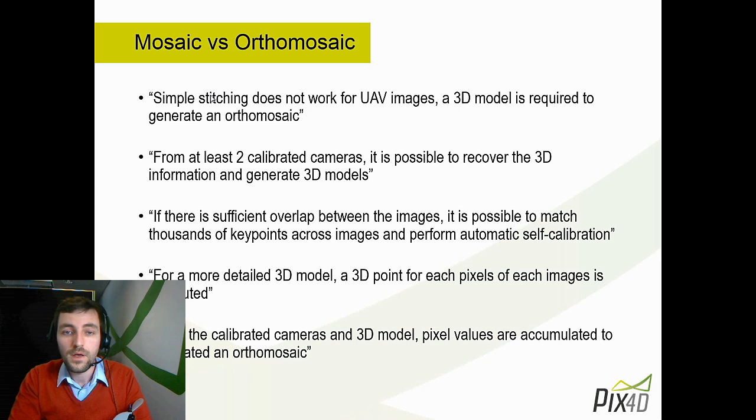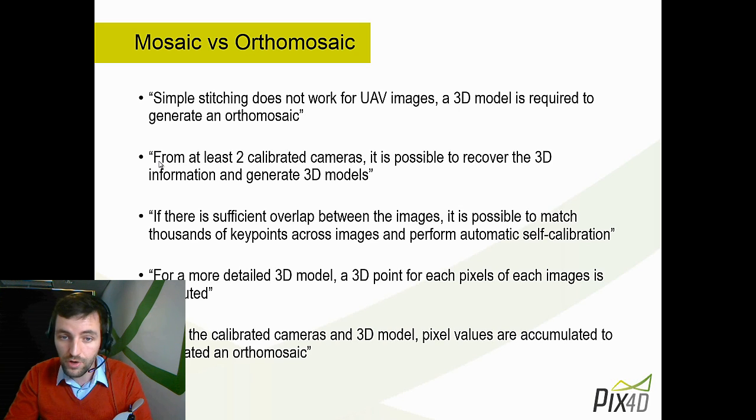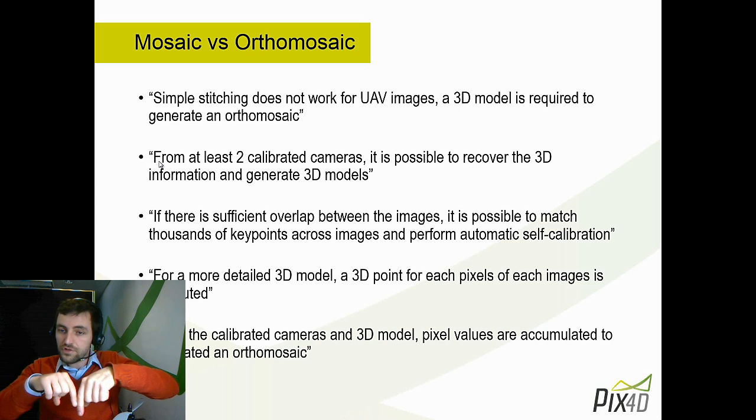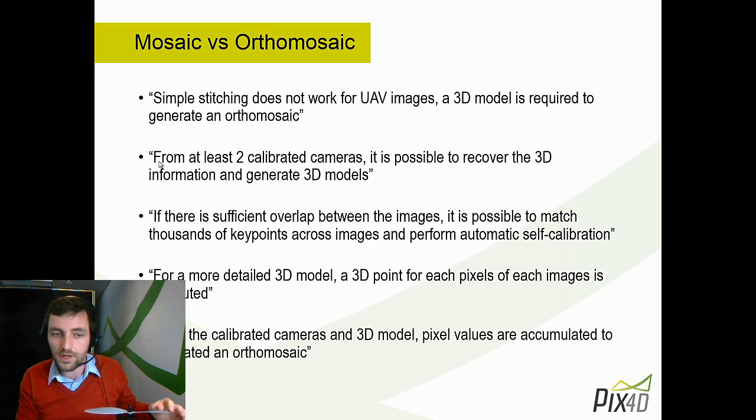Good. But then how do you get this 3D model? And that's what the second sentence there says. If you have two calibrated cameras, you can recover 3D information and generate 3D models. Okay? So if you take images and you have at least two images, but usually in a flight you will have hundreds of them, there is a way to mathematically do stereoscopy in software and recover the 3D information out of that.